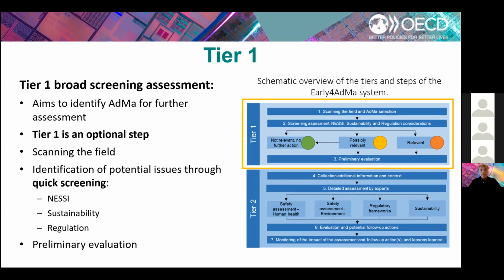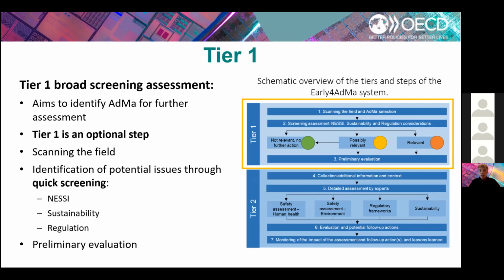So I'll briefly explain the two tiers. Tier 1 is a broad screening assessment, and it aims to identify advanced materials for further assessment. But it's an optional step because in many cases, you may already have an advanced material that you want to further assess. This step starts with the scanning of the field.